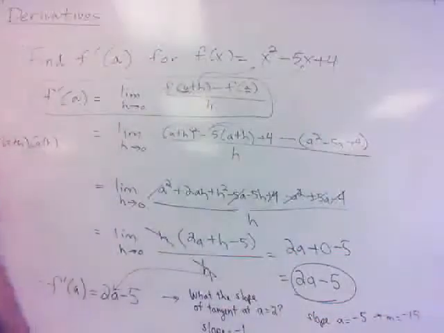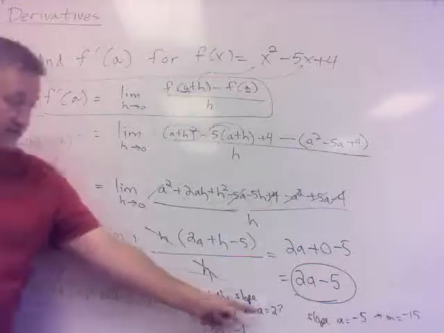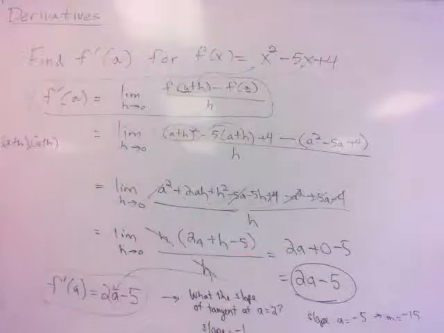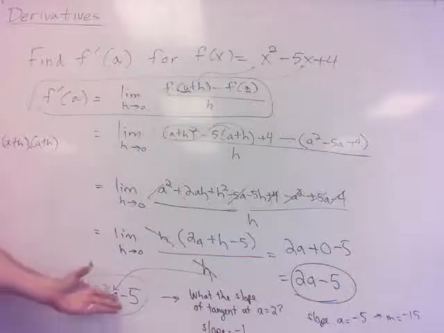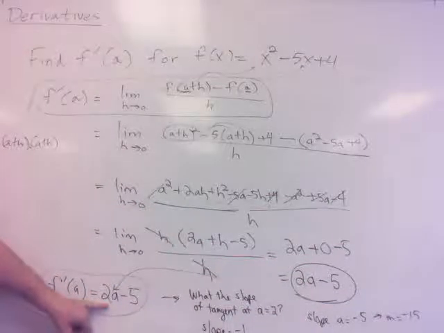Here's my point. I can use this for any A value, or in essence any X value I want. Plug in whatever X value you want, which we're calling the A value, but the slope's varying depending upon what A you choose.